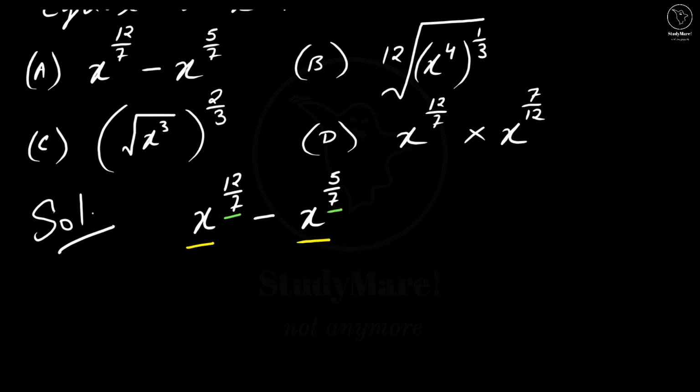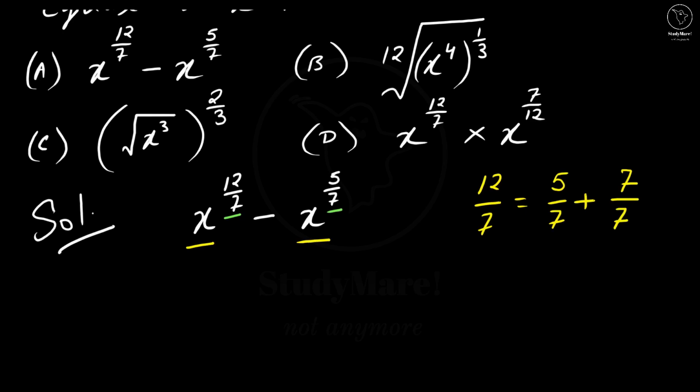Now the trick is, can we write 12 by 7 as a sum of 5 by 7 and something? Yes, we can. If we take the denominator of the sum here as 7, 5 plus 7 will make it 12. So 12 by 7 can be written as 5 by 7 plus 7 by 7.